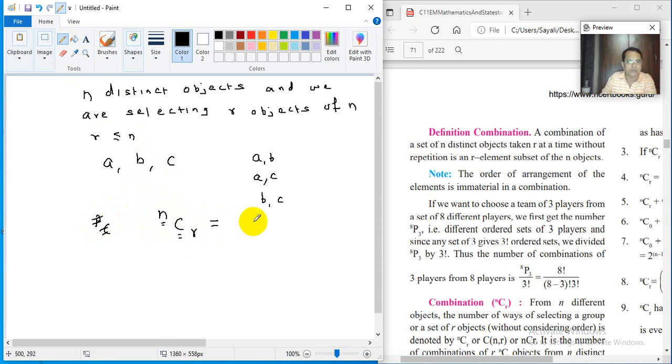NCR is how many ways are there. It will show the number of ways of selecting r objects from n objects.